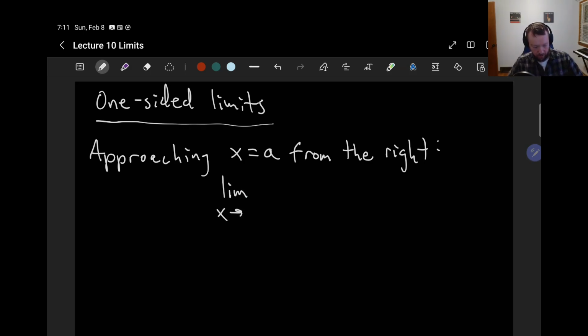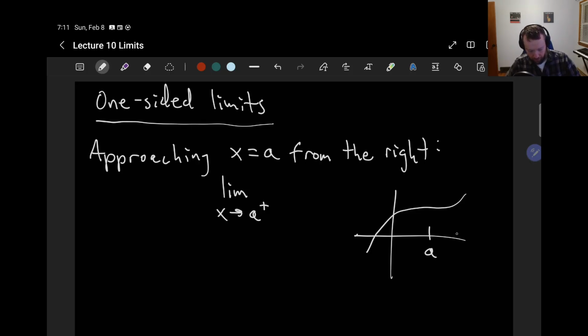The limit as x approaches a, and then this plus superscript. So that plus means we're talking about one particular direction. So what's happening as we approach from the right side? So if this is a, and just here's a rough function, then this one-sided limit is asking what happens as I approach a from the right side.